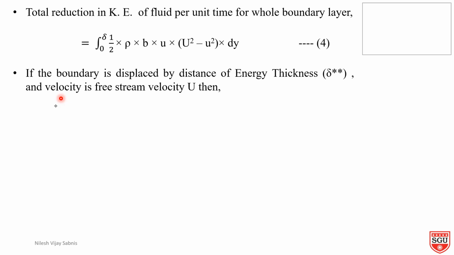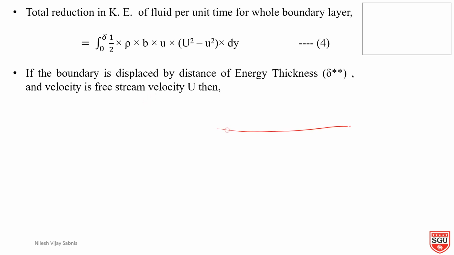Then we have to shift the plate by a distance in such a way that the kinetic energy in the first case, where the plate is there and real fluid is flowing, will be equal to the kinetic energy of a plate having ideal fluid.